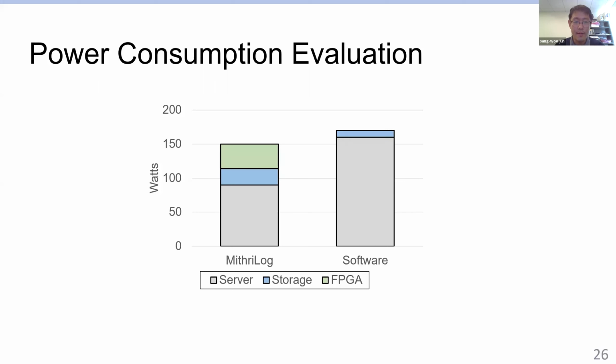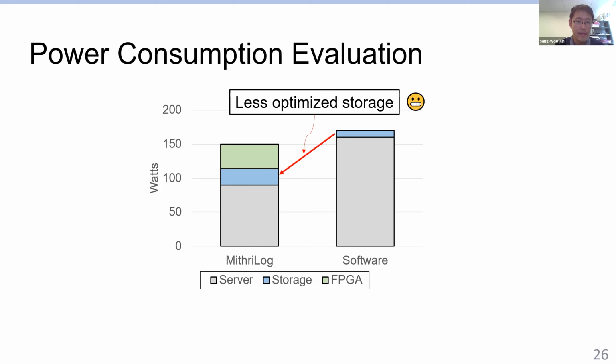And lastly, the power consumption evaluation. We compare our FPGA near storage accelerator on the left to the software implementation with Splunk. Unfortunately, because BlueDBM is a less optimized implementation of a storage device, the power consumption of the storage device itself is significantly higher compared to the off-the-shelf server system.